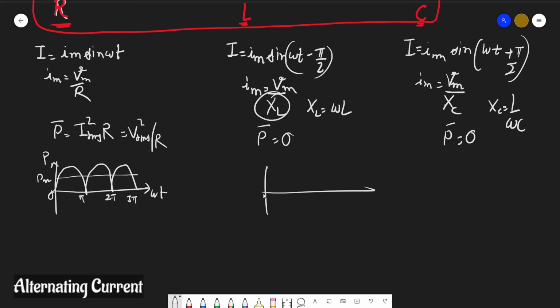But for the others it was sinusoidal, the same curve. If this was omega t, the frequency was doubled, so the area under the curve will be 0, but it will not be 0 here.